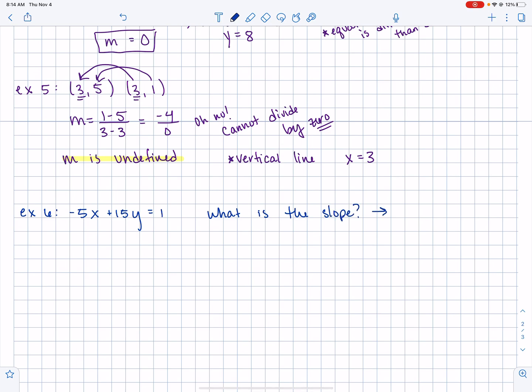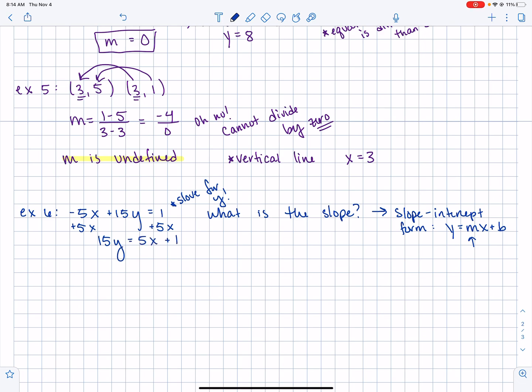So what we need to do is change it to slope-intercept form, which looks like y equals mx plus b, and then look at that slope value. So on our equation, we're going to add 5x because we want to solve for y. I'll put a little star there. Solve for y. Use those little equation skills. 15y is equal to 5x plus 1. I'm keeping that variable up front.